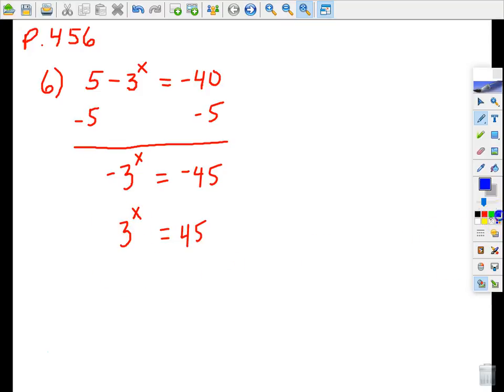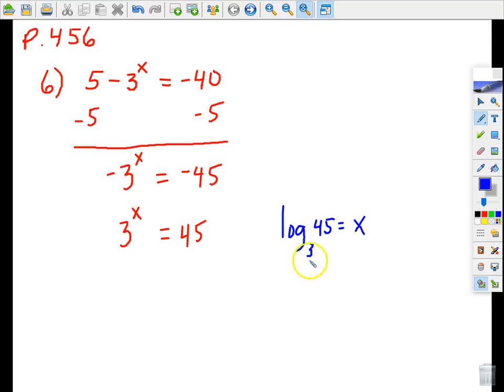And as a log equation, this would be log base 3, because 3 is the base of the exponent, of 45 equals the exponent that we're trying to find. Remember, logarithms are very simply, in the simple definition, they are exponents. So whenever you write the log equation, always let the log equal whatever the exponent is.